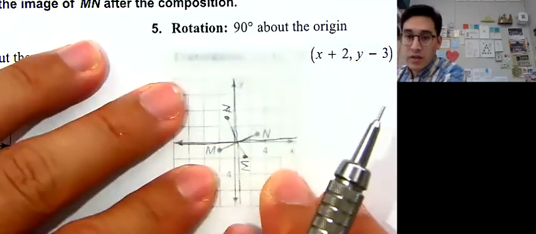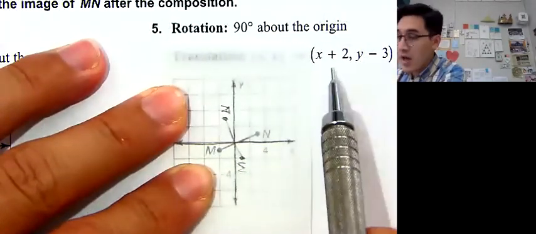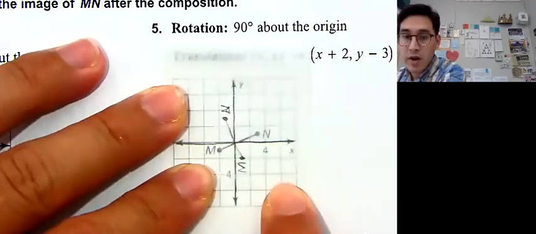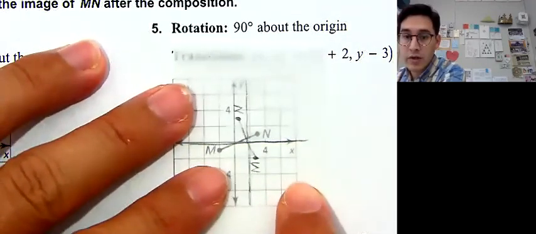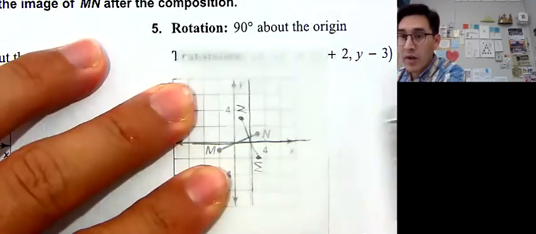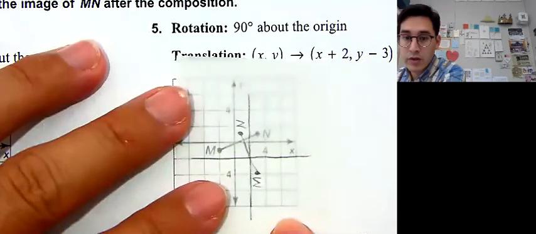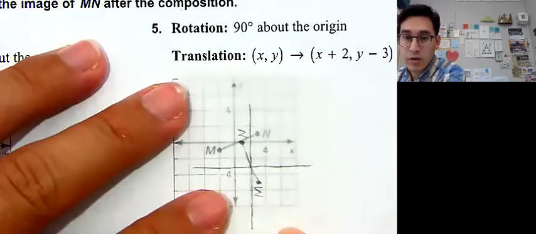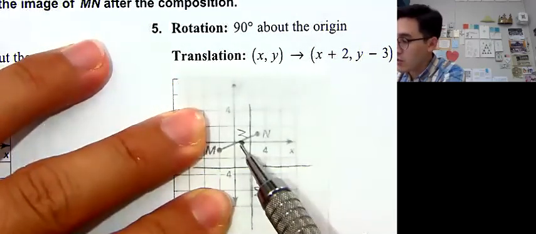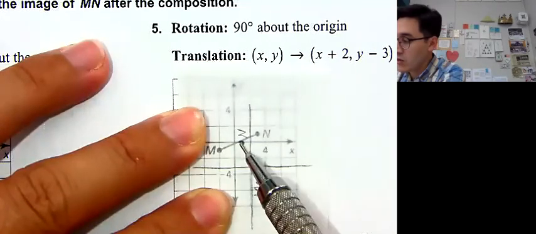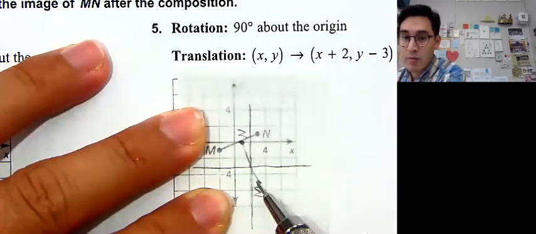Just line things up again. x plus 2 means we're going to go 2 units to the right, so 1, 2. y minus 3, we're going to go down 3 units, 1, 2, 3. Here's where the new segment would be. This would be N prime, and this would be M prime.